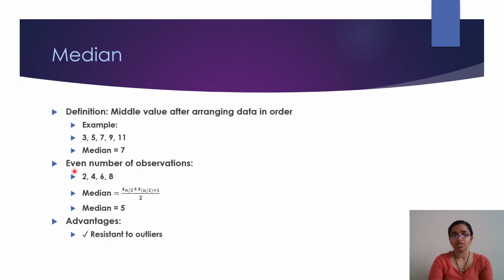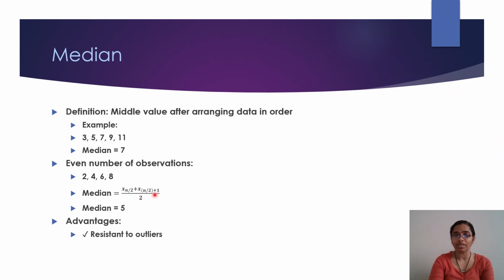Now things change a bit when you have an even number of observations. Here we have 4 observations, which is an even number: 2, 4, 6, and 8. If we look for the middle number, we don't have one. We instead have two numbers in the middle, that is 4 and 6. So in this case, the median will be the sum of 4 and 6 divided by 2. It is given by the formula X(n/2) plus X(n/2 + 1), divided by 2.